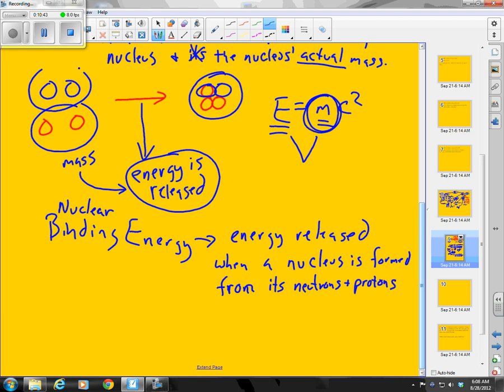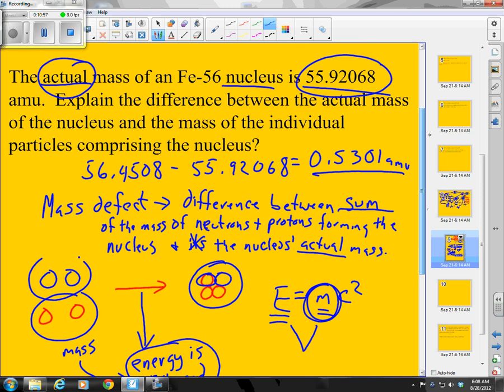Got it? And this energy comes from the mass parts of the neutrons and protons, and that's why we have the mass defect. Okay, so good. We've learned something about nuclear binding energy, and we've learned something about mass defect, right? Okay, good. Moving on. What's the next thing we want to learn?